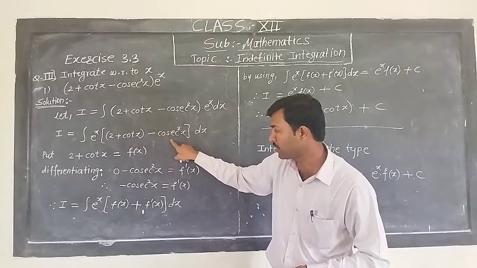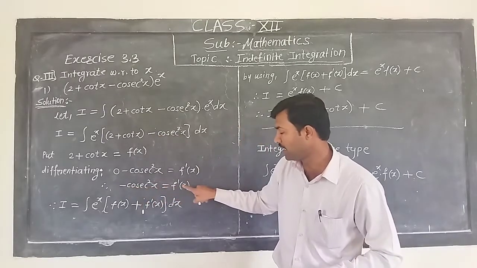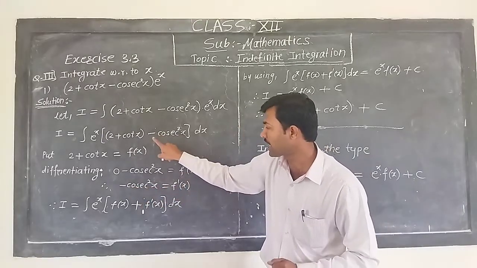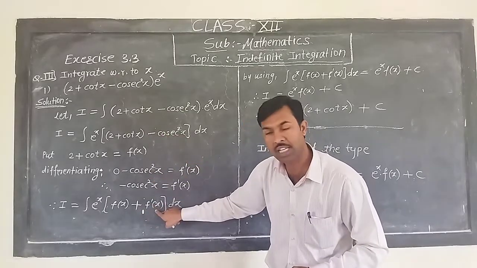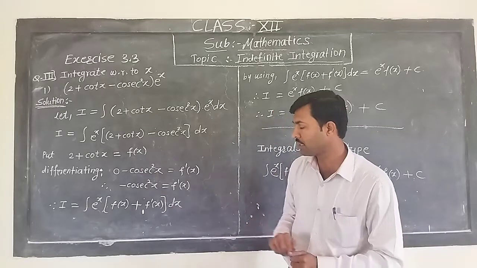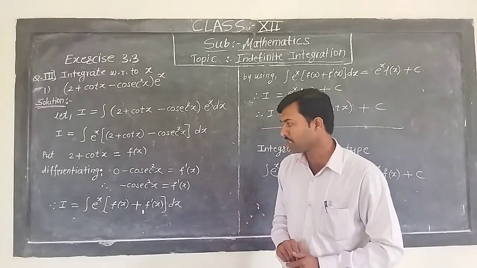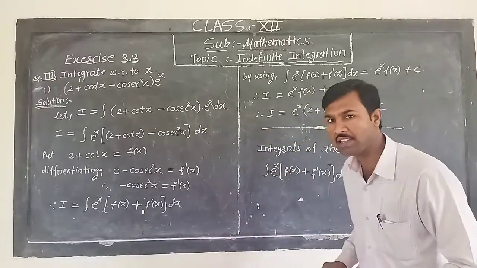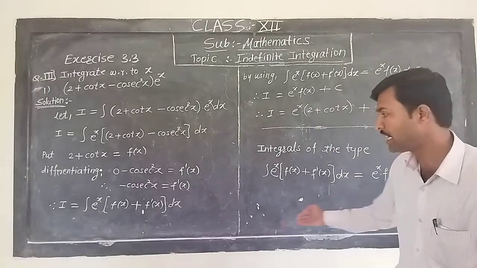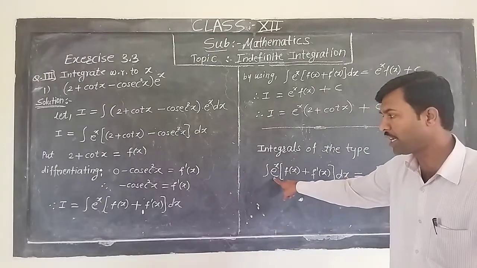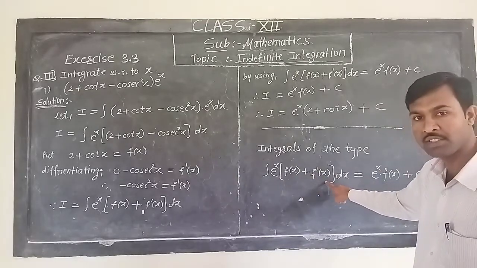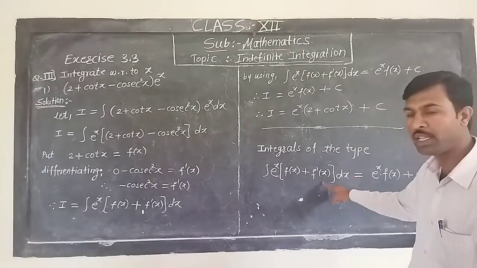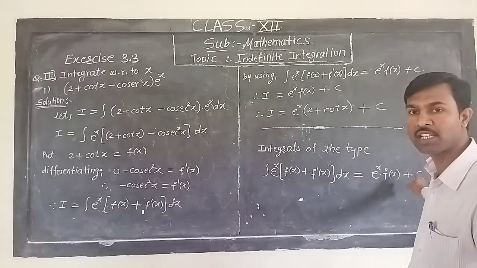Now minus cosec square x is equals to f dash x, so I write it as plus f dash x into this dx. Now if I observe, this is the same type of integration, that is integration of e raised to x into f of x plus f dash x dx, so that its answer will be e raised to x into f of x plus c.